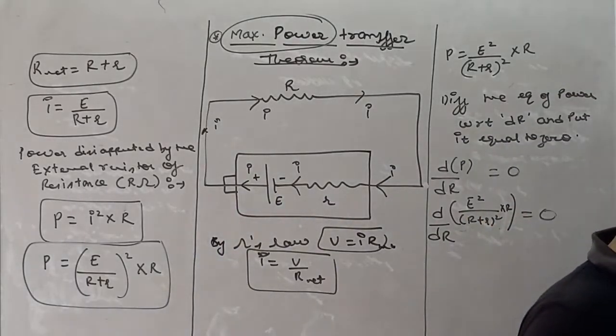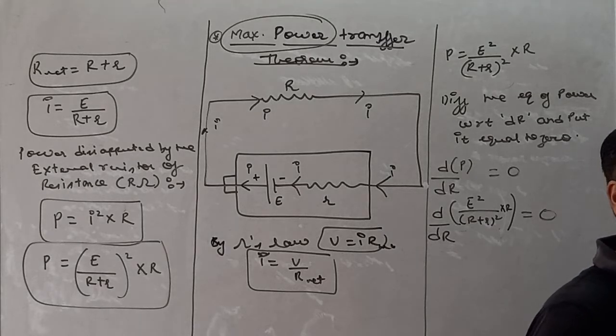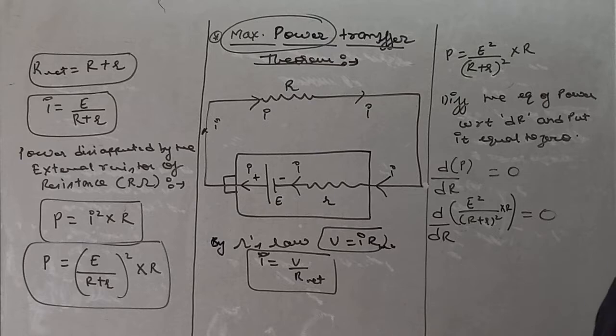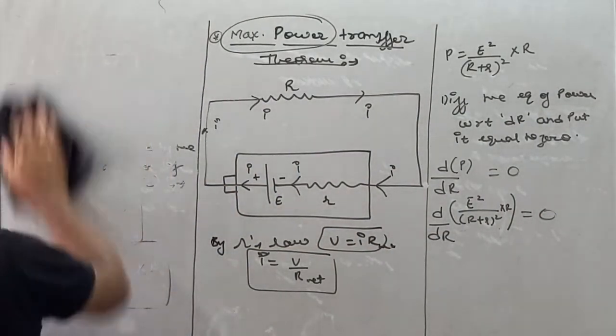Now we'll use the differentiation method, which is the division rule, and I hope you are all aware of the division rule, my dear student. So let's apply the division rule here.